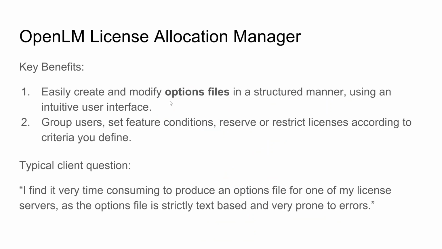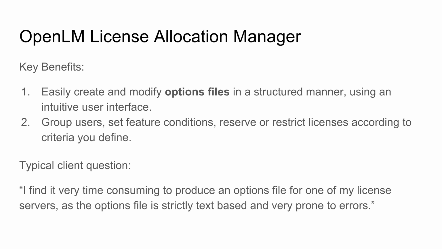Now, the OpenLM License Allocation Manager, what it does, it lets you easily configure option files. Now, what is an option file? An options file is a FlexLM file which allows you to, first of all, group different users. You can exclude or include them from using a certain application, using a certain license.